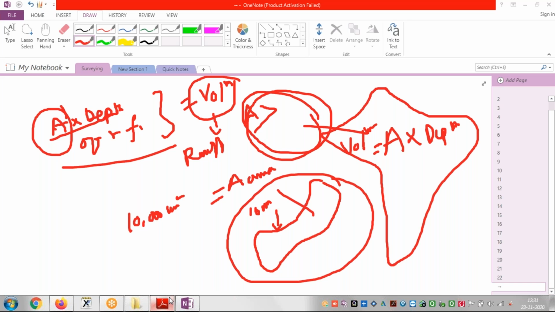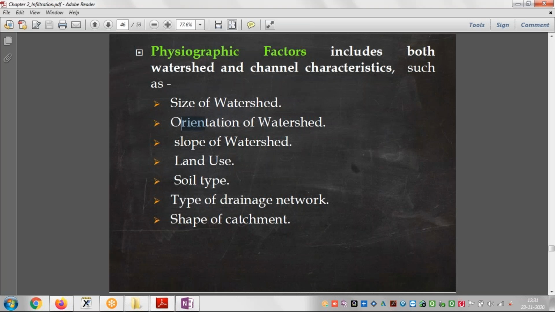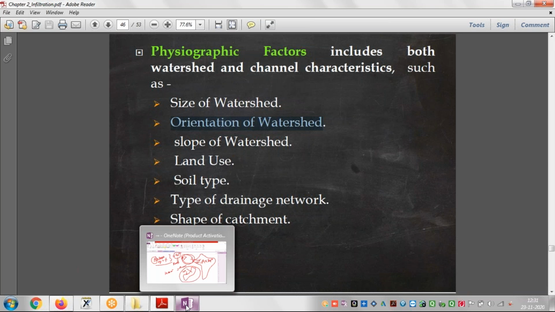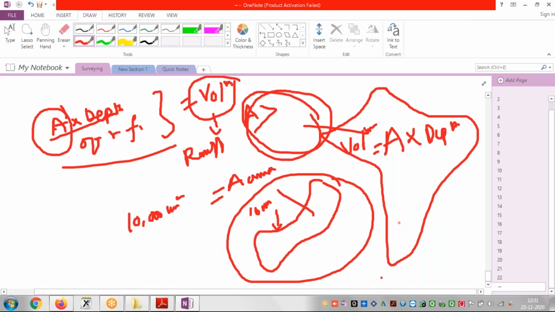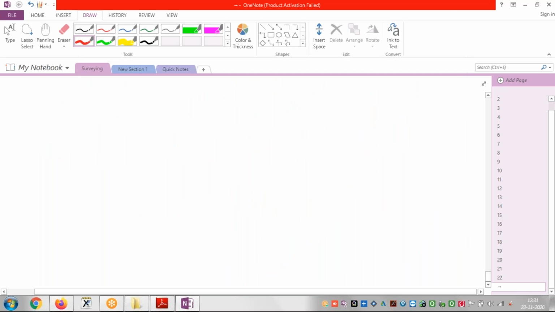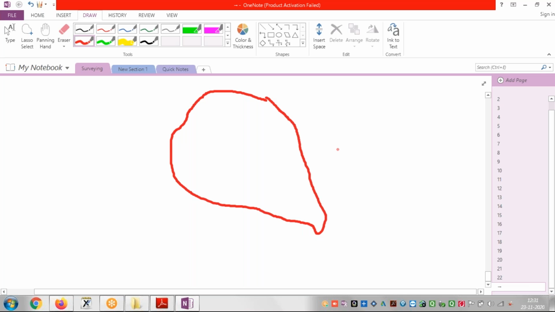Now, next is orientation of watershed. Orientation means how its shape looks, right? Generally, if we see, some watersheds will be like this.